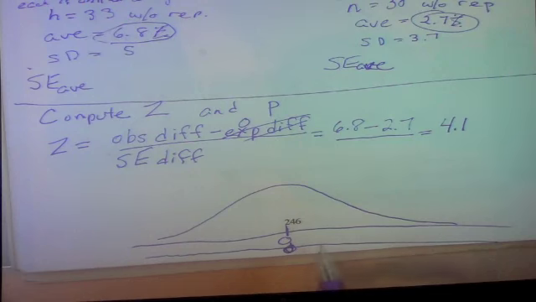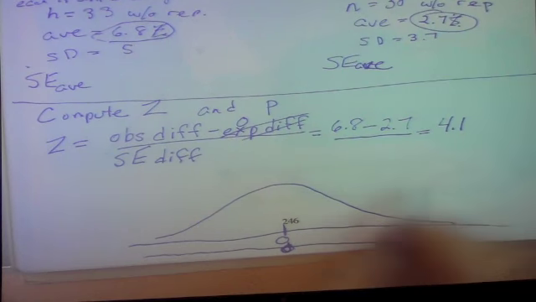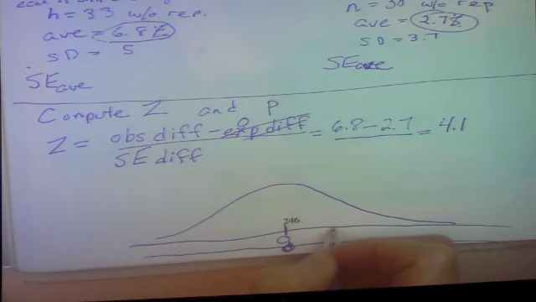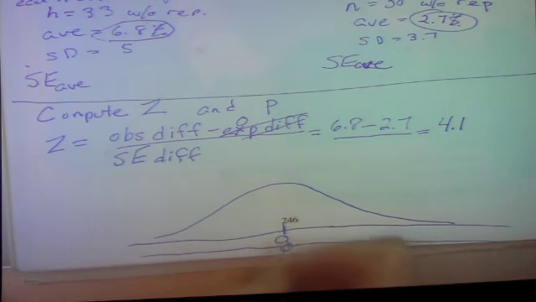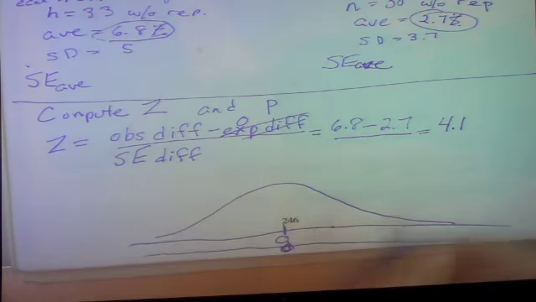And we want to know where to put 4.1 on here. Is 4.1 just a little everyday occurrence or not? This is easy. Once we figure out what our standard error is, how many pounds weight loss is one standard error? Well, then we'll see if it's big or small. So we got to get this to get our z.